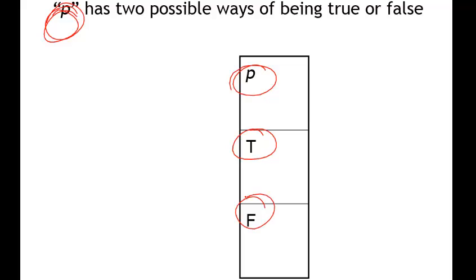A declarative sentence, remember, is a sentence that's saying something about the way the world is. Declarative sentences are either true or false. They have a truth value. For any declarative sentence, there are only going to be two, true or false, given what we're talking about in this class.